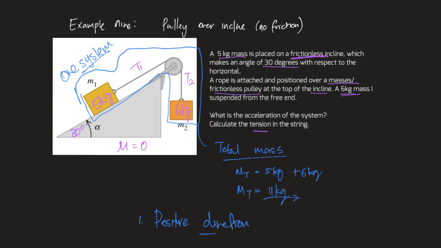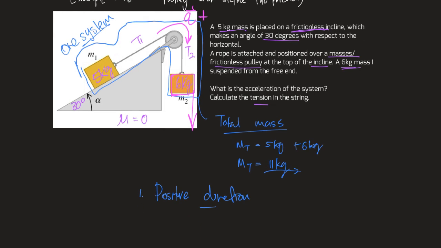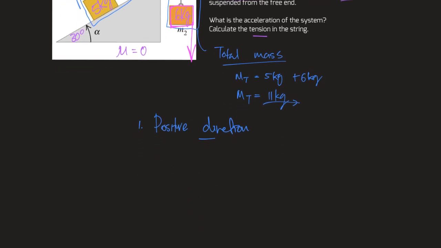So I know that the second mass here, M2, is going to drive this whole system. So the positive direction is over the pulley. So that's how I know acceleration is going to be positive, in terms of this motion.